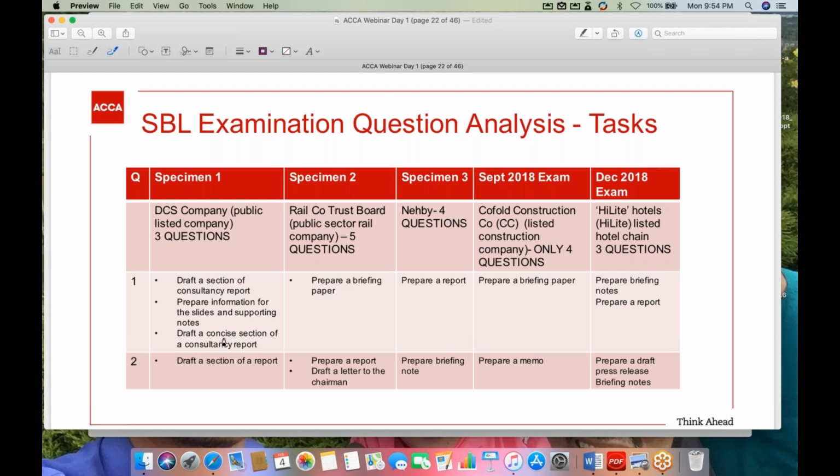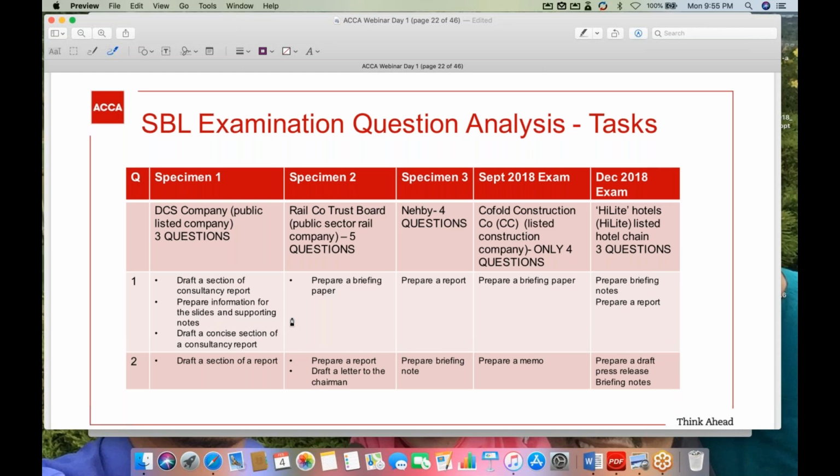in section 1, question 1 for specimen 1 is asking you to prepare a consultancy report. Because they have a few requirements, a breakdown of the requirements, they also ask candidates to prepare information for the slides and supporting notes, and to draft a concise section of a consultancy report.